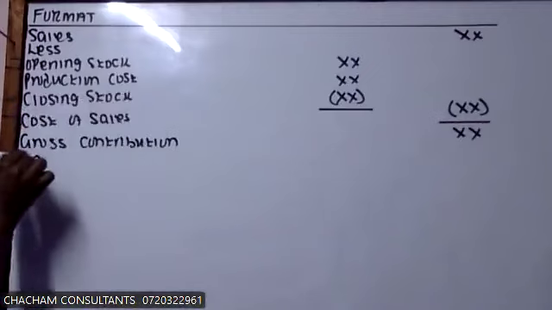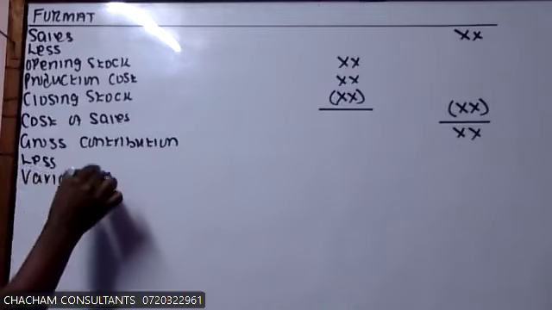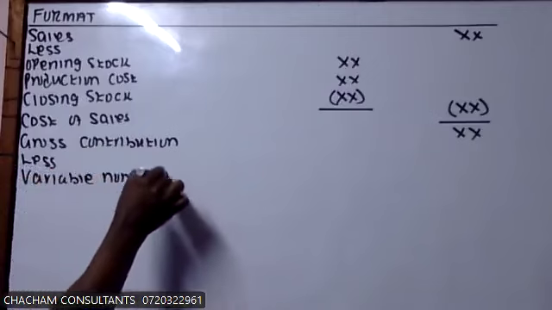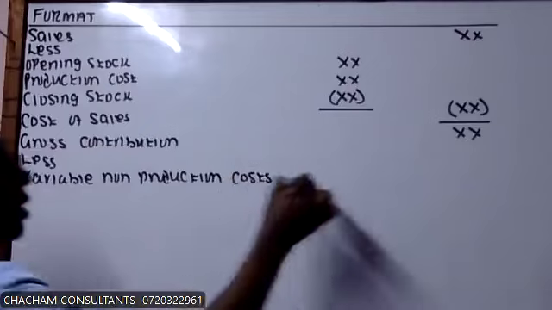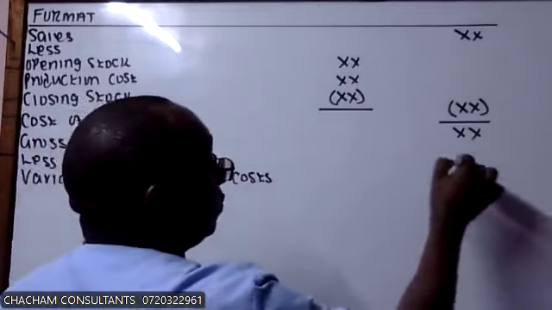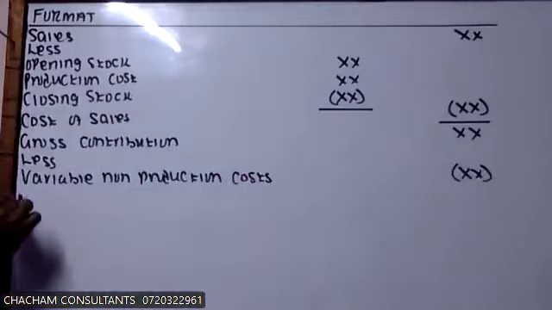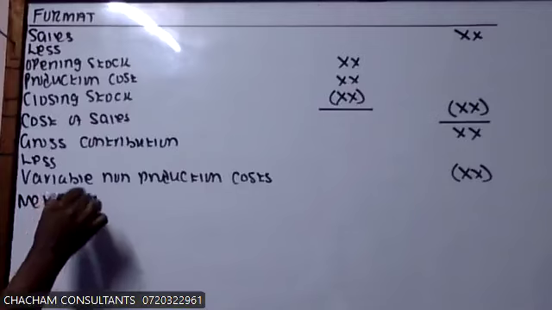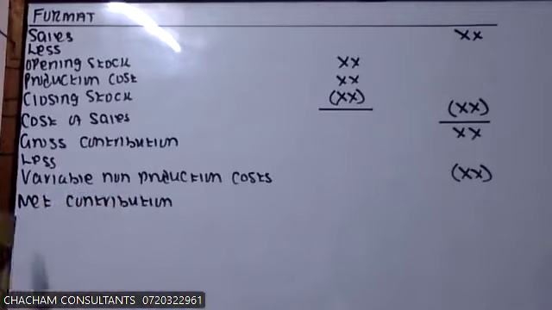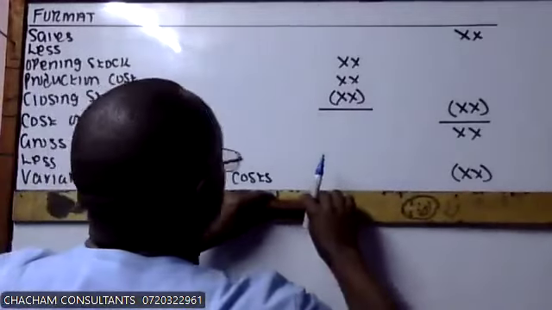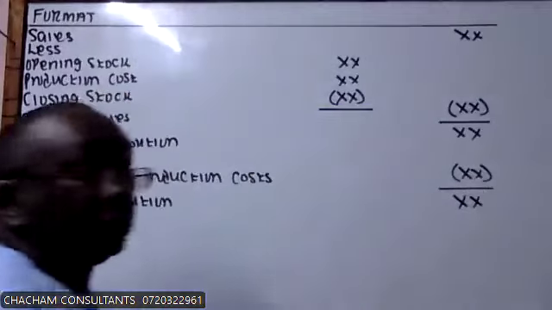Then you say less variable non-production costs. When you do so, you get a figure called net contribution.